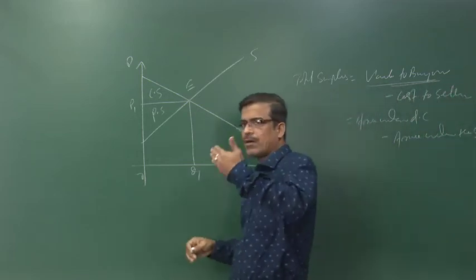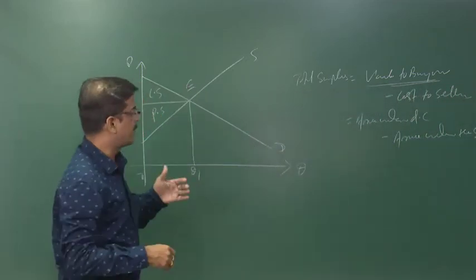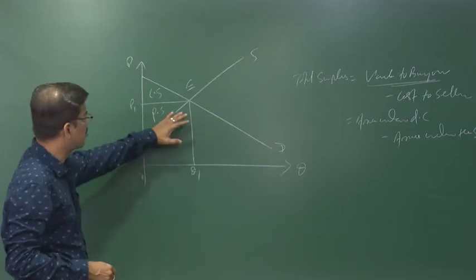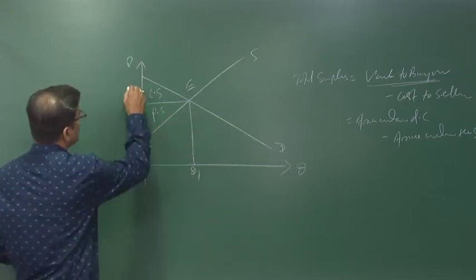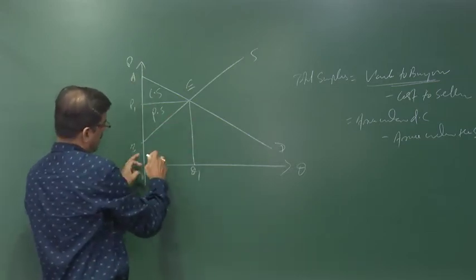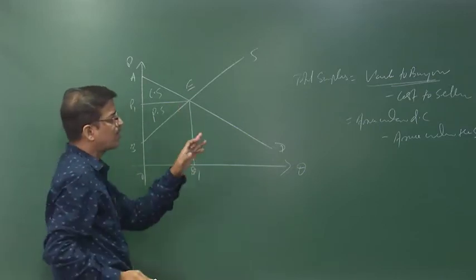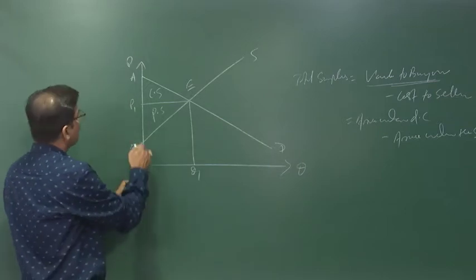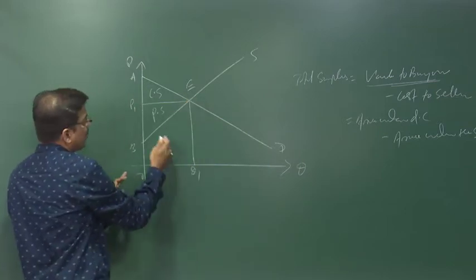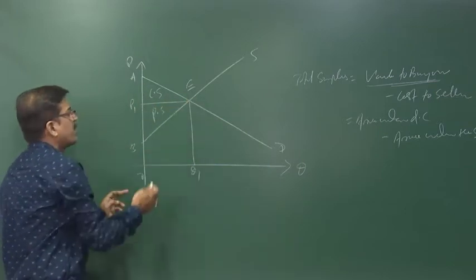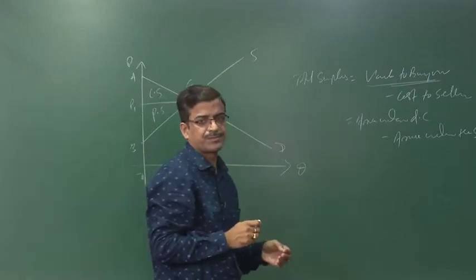The cost to the seller is this particular portion. If you take into account A and B, the cost to the sellers is O, B, E, Q1, and the value to the buyers is O, A, E, Q1. When you take the difference, this part is called the surplus.